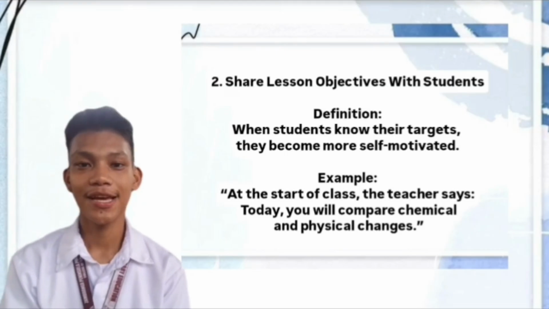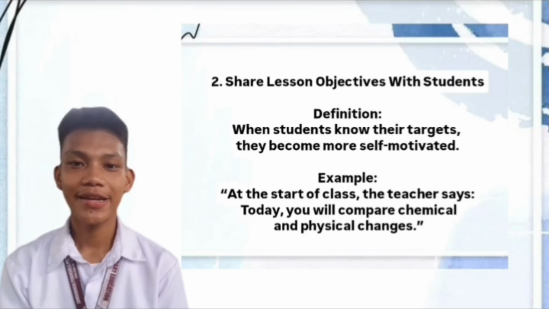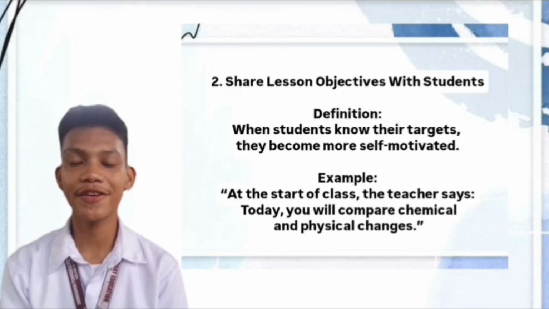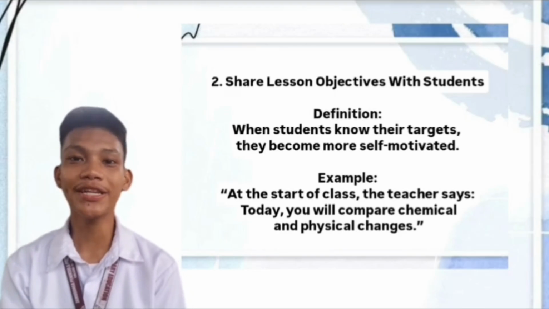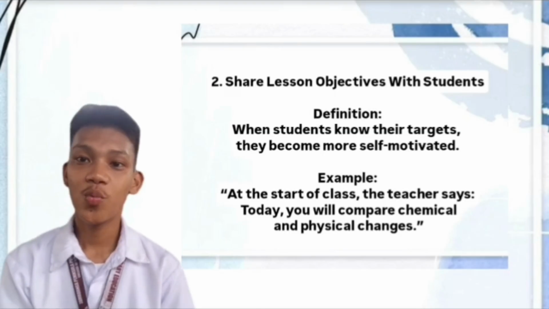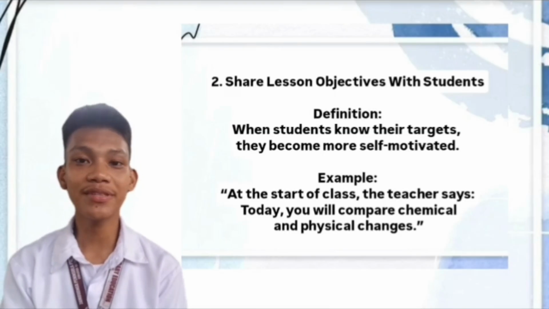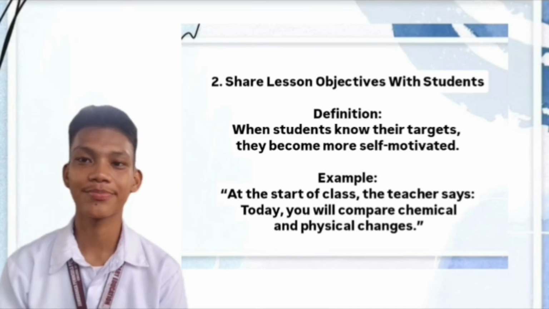For instance, at the start of the class, the teacher says, "Today, we will compare chemical and physical changes." At this point, they know what the teacher's targets are, the expected outcomes at the end of the lesson. Once students know the goals, we then ensure that these objectives address multiple aspects of learning.